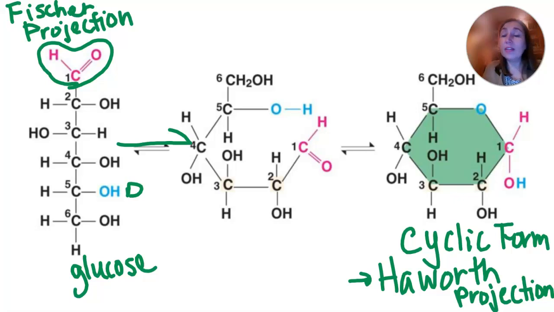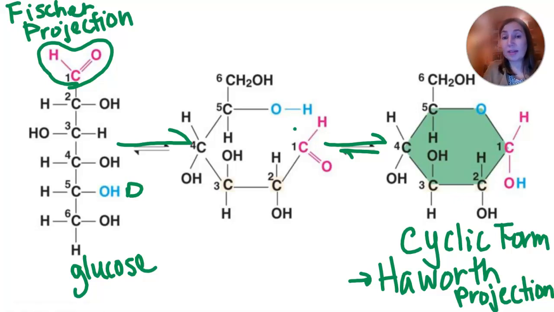So this is referred to as a Haworth projection, or the cyclic form. And it's going to prefer to be in that cyclic form whenever it's in solution, or have a much higher percentage in the cyclic form, especially in solution. But it is an equilibrium, or a back and forth.